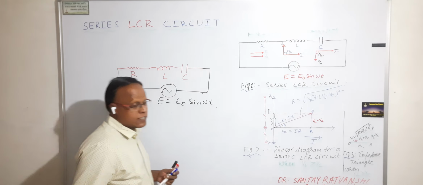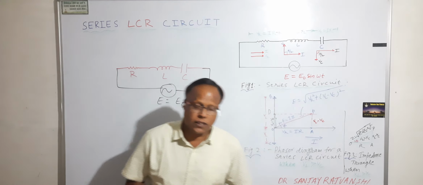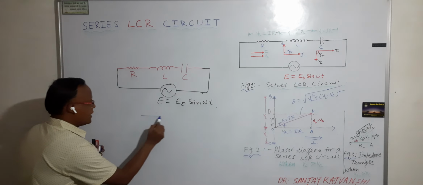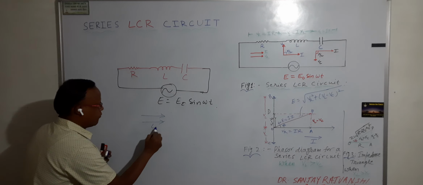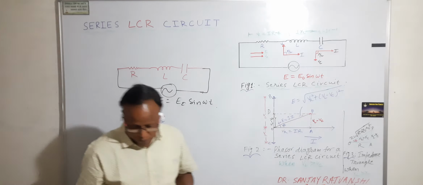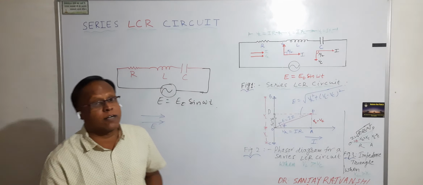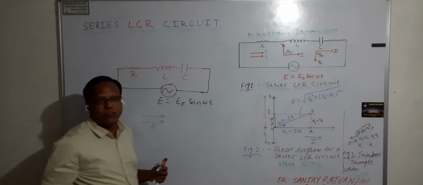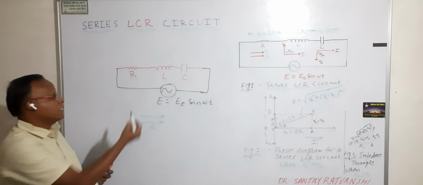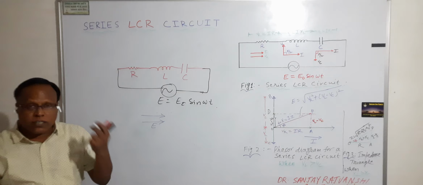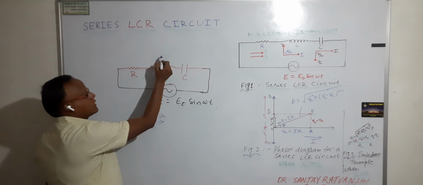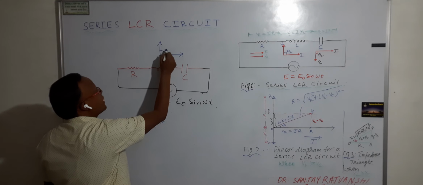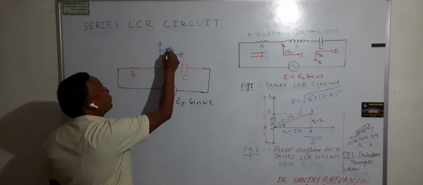Now, we already discussed in the previous topics that in the case of a pure resistive circuit, the current and EMF both rise in the same phase. Therefore, I draw it here, I and VR. In the case of a pure inductive circuit, the current lags behind VL by phase pi by 2.